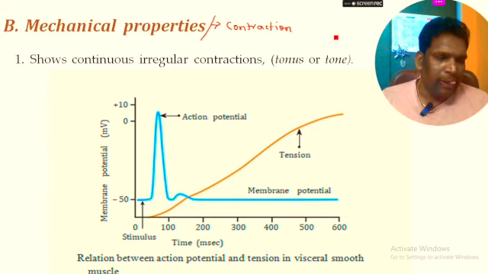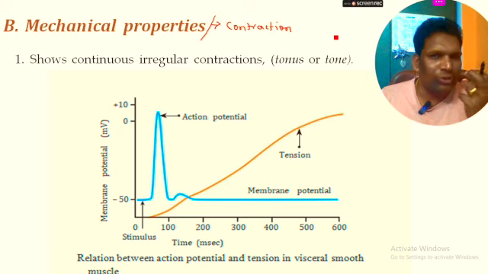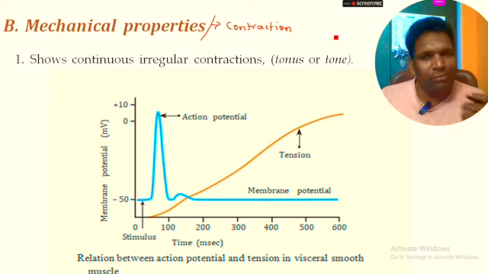And over there, we could see in this picture the relation between action potential and tension in the visceral smooth muscle. As the action potential forms, the tension also develops in the muscle fibers. This relation is nothing but producing the contraction, that is tonus or tone, one of the mechanical properties of the smooth muscle.